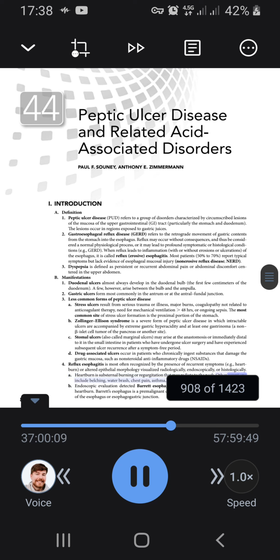Other symptoms include belching, water brash, chest pain, asthma, chronic cough, hoarseness, and laryngitis. B. Endoscopic evaluation detects Barrett esophagus in 6% of patients with frequent heartburn. Barrett's esophagus is a premalignant condition that may lead to adenocarcinoma of the esophagus or esophagogastric junction.